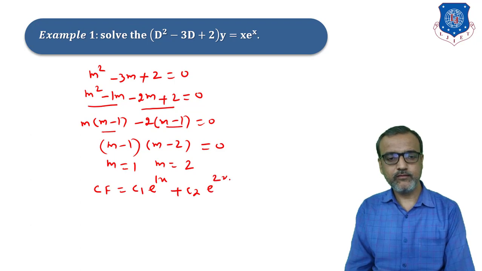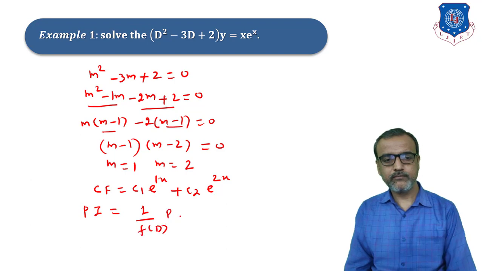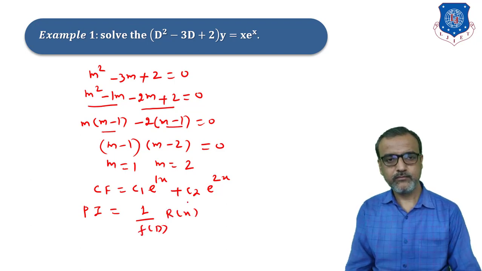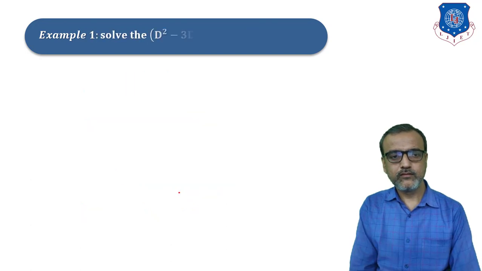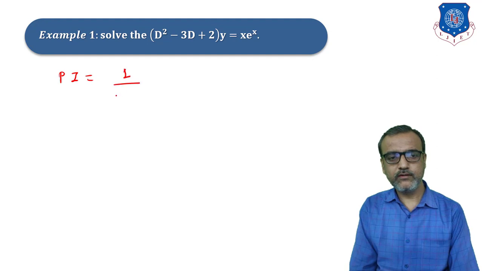Now we will find out PI. PI equals 1 upon f of D times R of x. So PI equals 1 upon D square minus 3D plus 2, and R of x is x e raised to x.